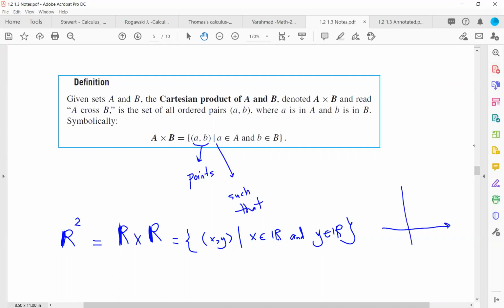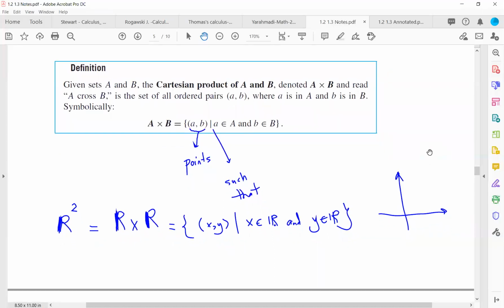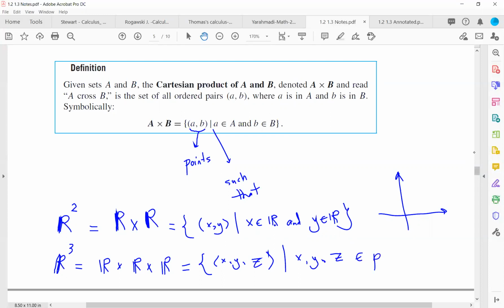So it gives you 2-dimensional space. You can find a cross product between R squared and R, and define R cubed, your space, which includes all points in the space (x, y, z) such that x, y, and z are all real numbers.